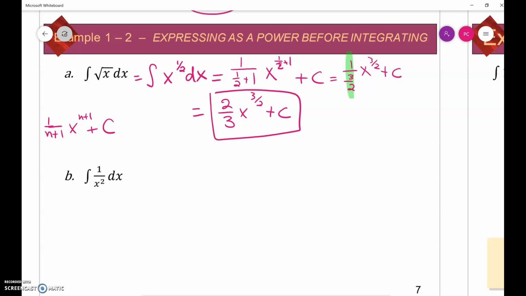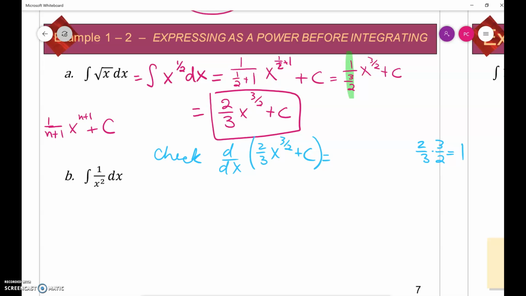If you want to check, take the derivative. If I take the derivative of 2/3 x to the 3/2 plus c, our first step is to multiply our power to our constant. And you see that 2 over 3 times 3 over 2 does give me 1.